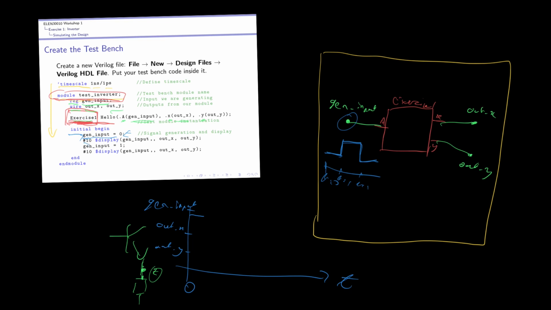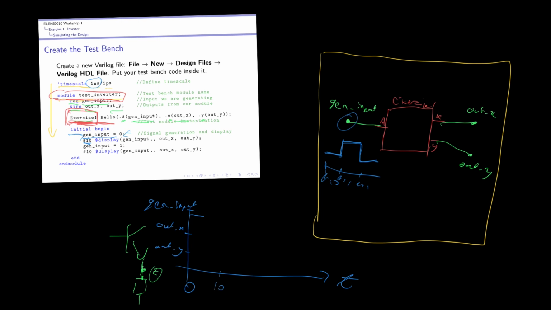The #10 tells us to wait 10 units of time. Well, what's a unit of time? That's what this first part of the timescale tells us. This 1 nanosecond says that 1 unit of time is 1 nanosecond. So #10 means wait 10 nanoseconds.